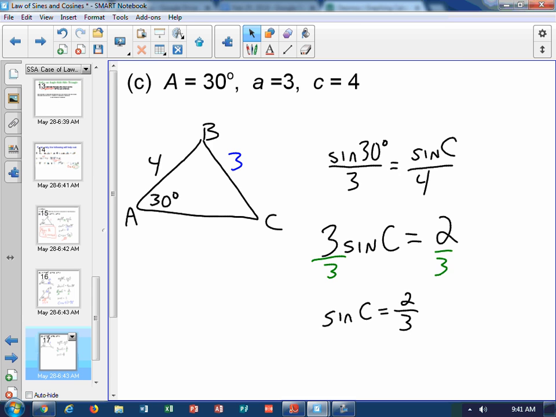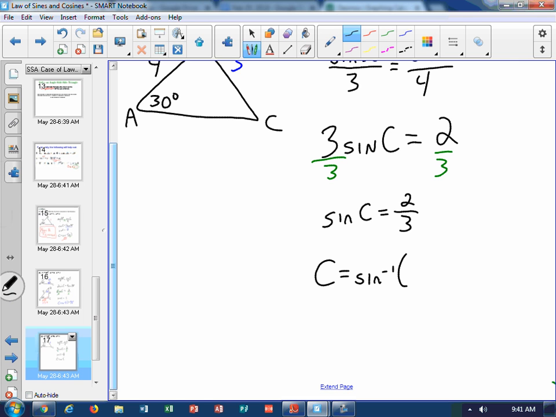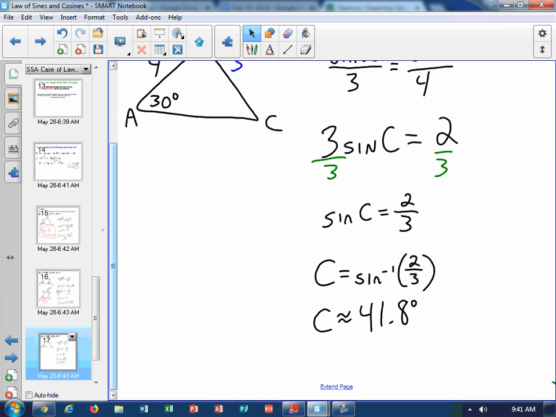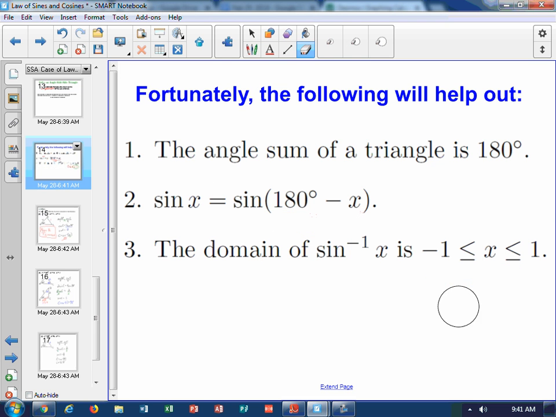So we're going to do inverse sine of 2/3. So angle C is the inverse sine or arc sine of 2/3. And that's going to give us approximately 41.8 degrees. Now, in our little toolbox here, we have in line 2 the sine of an angle, x. Sine of an angle is equal to the sine of the supplement, so 180 minus x.